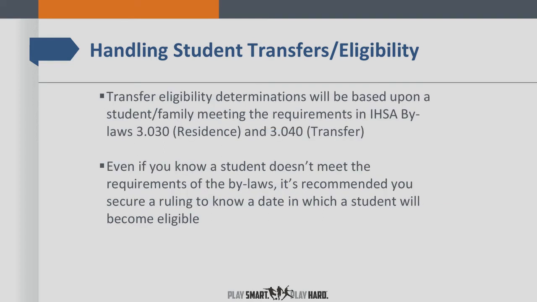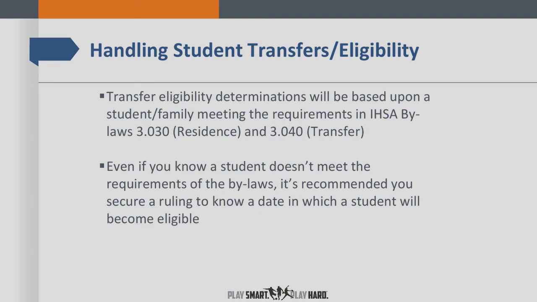So when it comes to transfer eligibility, the eligibility determination is going to be based upon the student and his or her family meeting the requirements of IHSA bylaws 3.03R in regards to residence and 3.04R in regards to transfer.